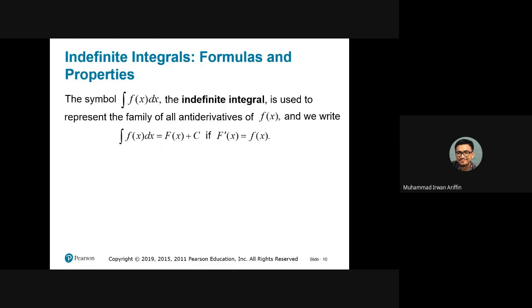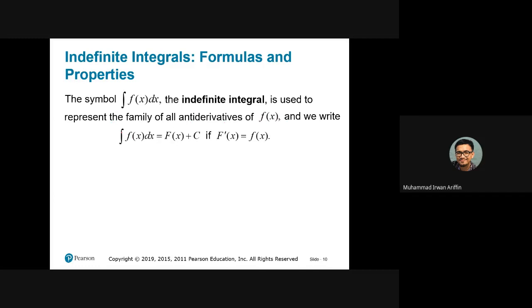This brings us to the concept of indefinite integrals, the formulas and properties that make our analysis and calculation simple, so that we can save a lot of time. We're going to make use of this symbol. This is what we call the indefinite integral. It is used to represent the family of all antiderivatives of f(x).